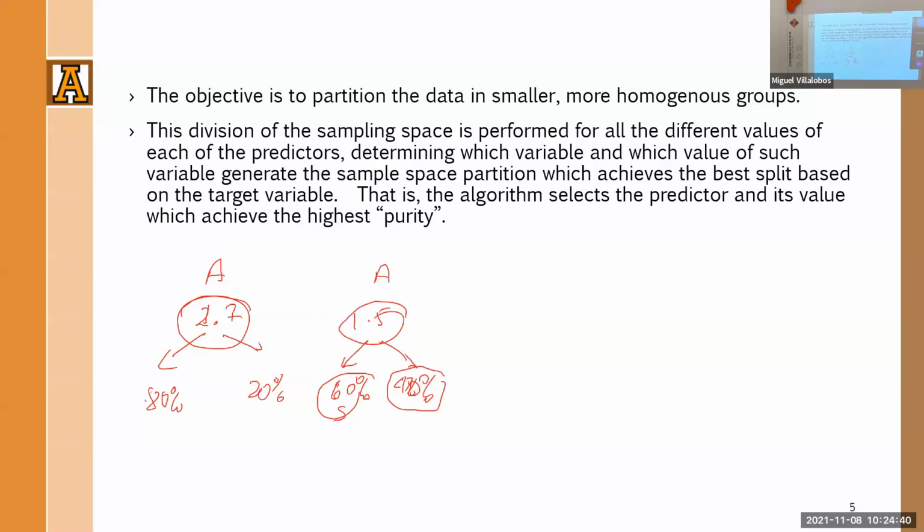So we select the split, the predictor and the value, that gives us the largest purity. That's how we select the splits. Now, we will see that there are 2 ways essentially that we're going to measure purity. We'll define them a little bit later.